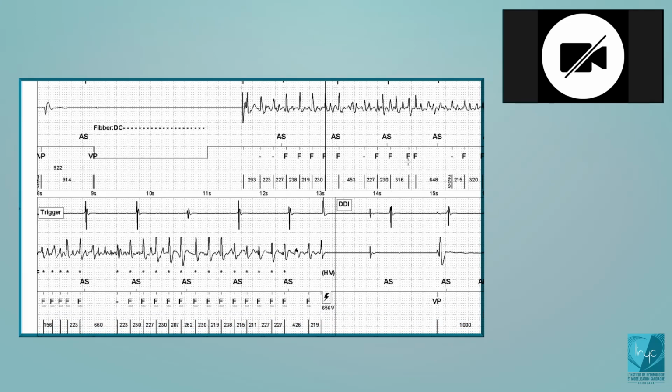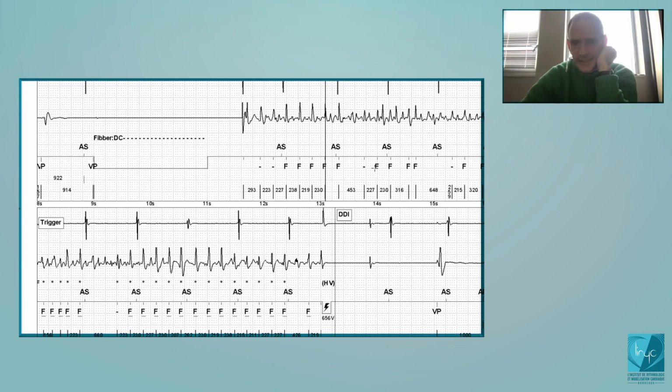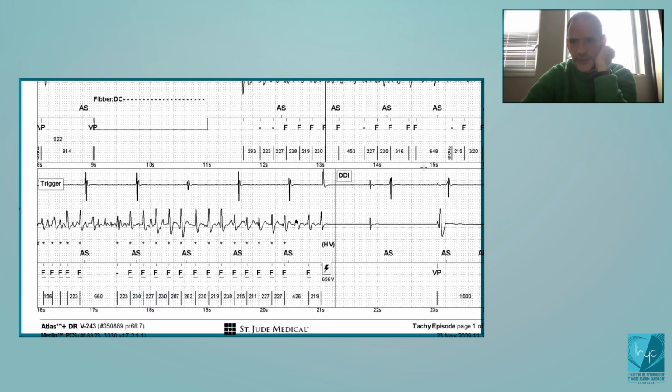But fortunately, the counters of VF are incremented. Yes, new detection. So the VF counter is going to be 1, 2, 3, 4, 5, 6, 7, 8, 9, 10, 11, and 12.